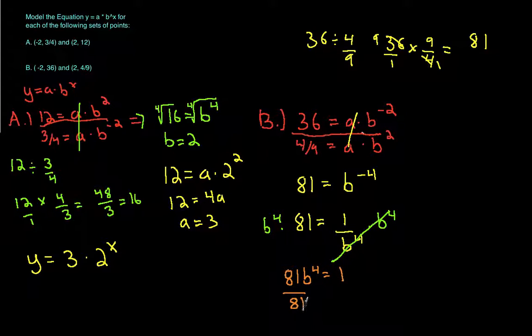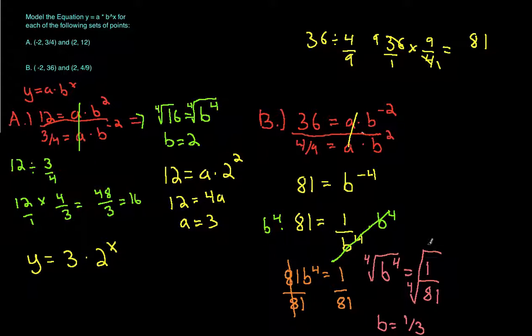I can divide both sides by 81, which crosses off on the left side. I'm left with b to the fourth is equal to 1 over 81. I take the fourth root of both sides, and I find that b is equal to 1 over 3.